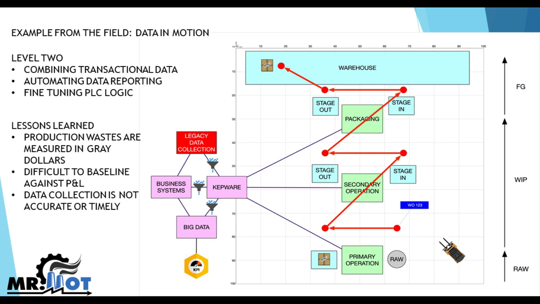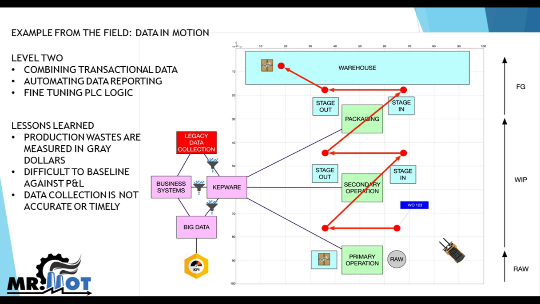then what ends up happening is you're combining transactional data from your existing data collection system, and soon you find that those red dots and the arrows they're pointing in, those are really the points where there's an extra context or an identifier added to the data. And by creating this context, if you think about it as a track and trace function, you're able to follow the products through the factory, through the process.